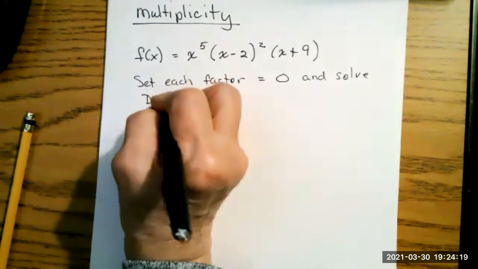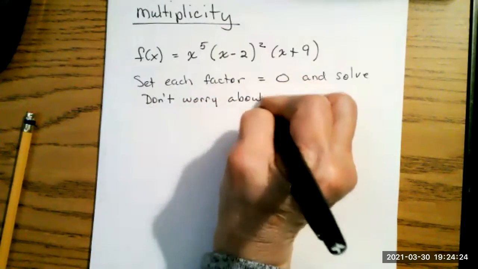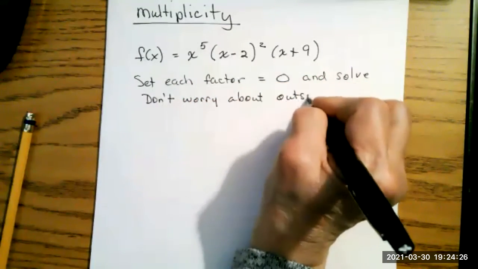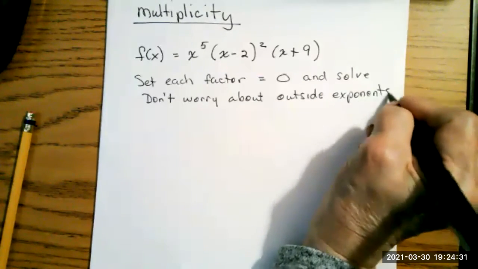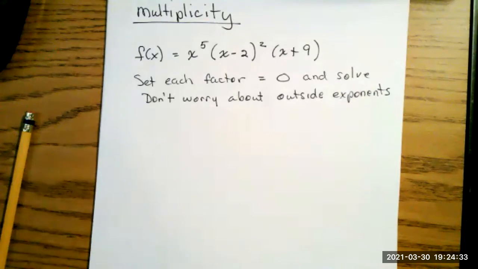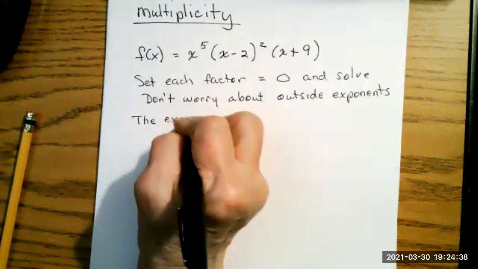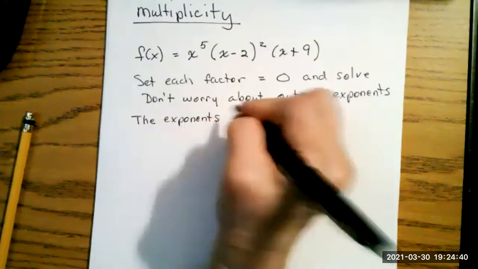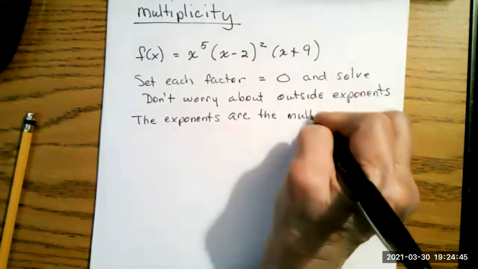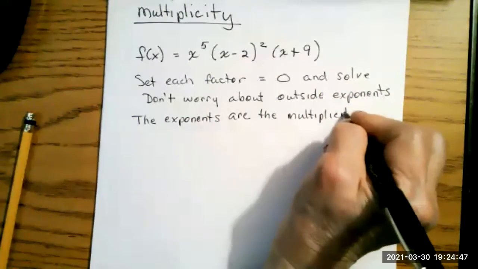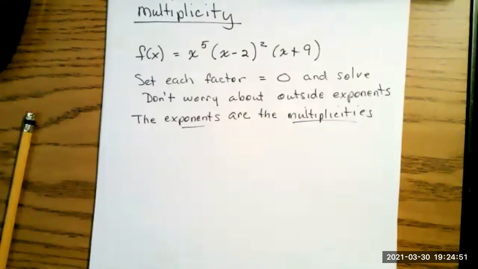Don't worry about outside exponents. The exponents are the multiplicities. So those little exponents are going to make the multiplicities.